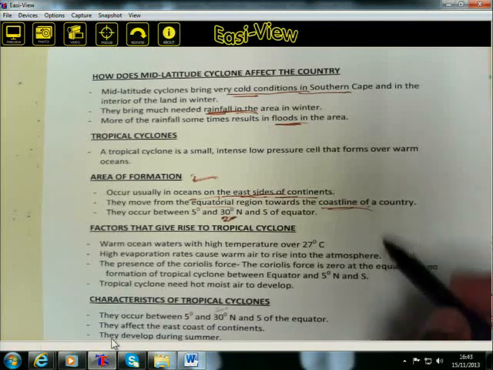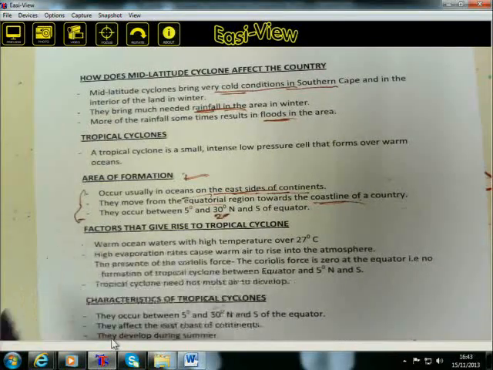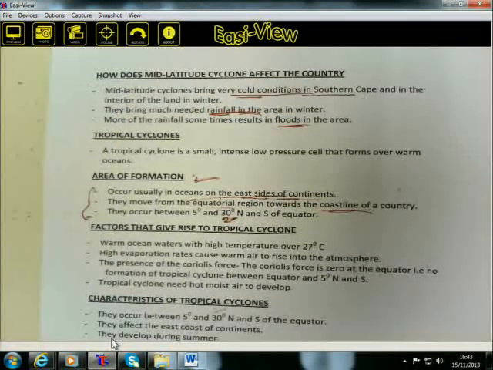In this case, we were looking at the area of formation, between 5 degrees and 30 degrees north and south, on the eastern side of the continent where the oceans are warm. They move from the equatorial regions towards the coastline of the country.